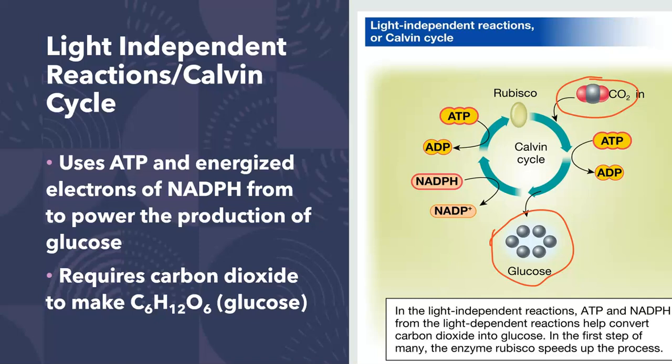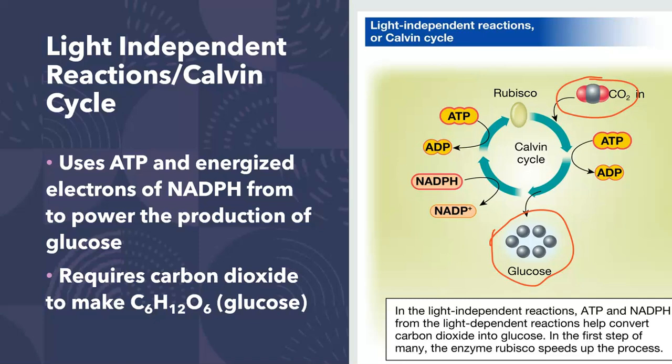But since this is a cycle, we need to kind of close off the loop here and regenerate our starting compounds. So in order to do that, we're going to use some of the energized electrons to reduce our intermediate molecules, and we're going to use more energy from our ATP.